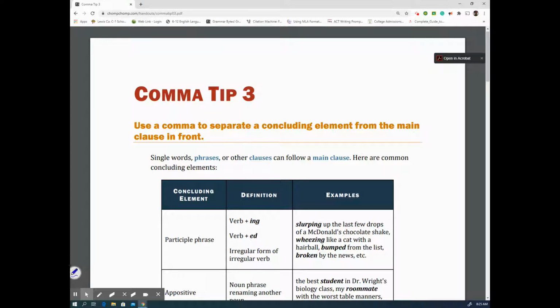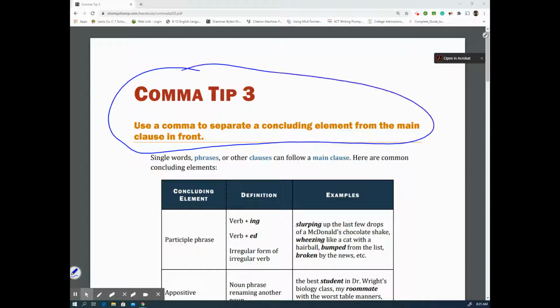First, please write down this information here. Common tip 3, use a comma to separate a concluding element from the main clause in front. So please give yourself this note, common tip 3. Then use a comma to separate a concluding element from the main clause in front, the main clause that comes before it.